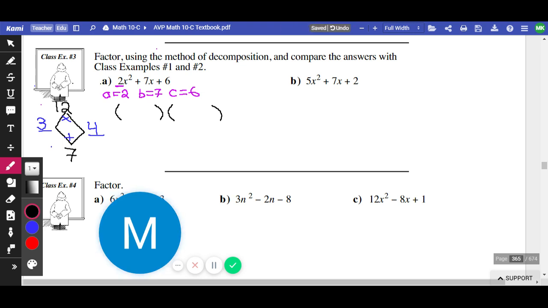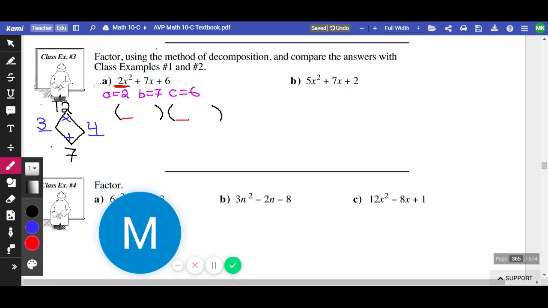Here's where things start to change a little bit. So before, we used to always say, well, the first term, right here, always create my first term. And it used to be really easy because it was always 1x squared, so it was always just x and x, right? But now there's a number in front of it. There's a 2x squared.